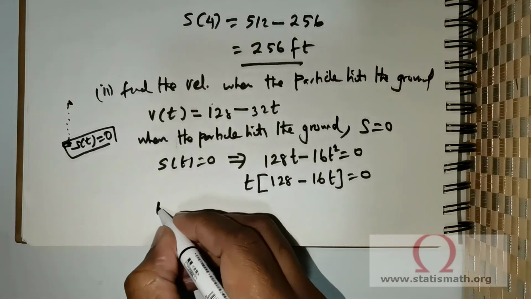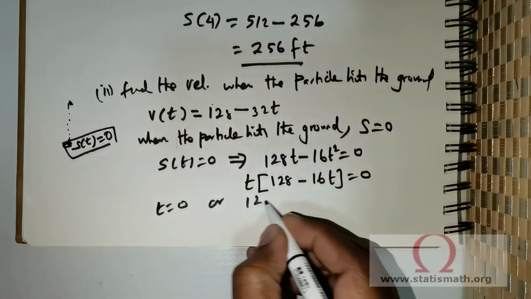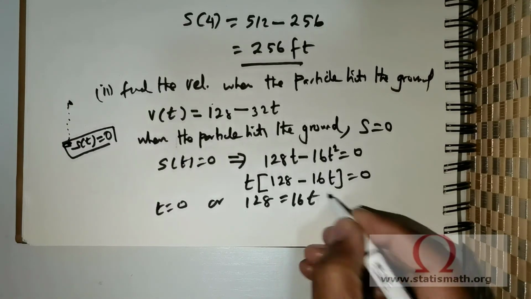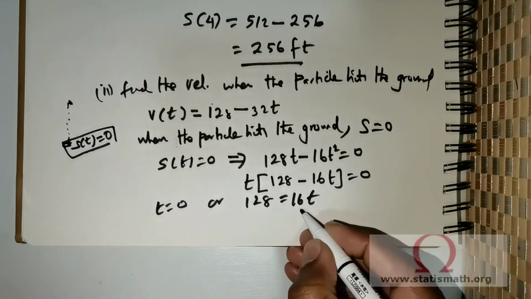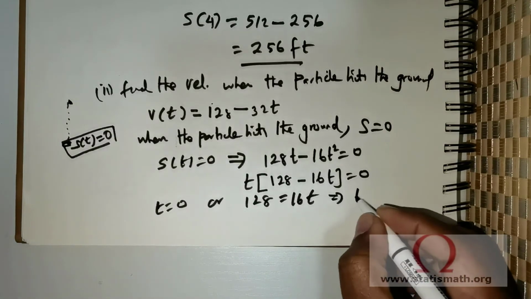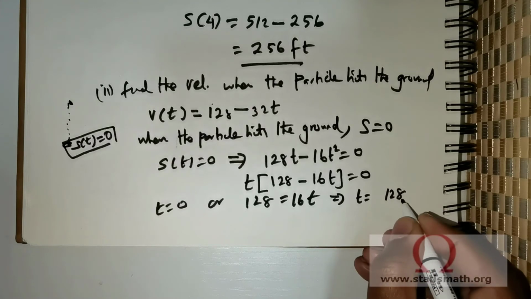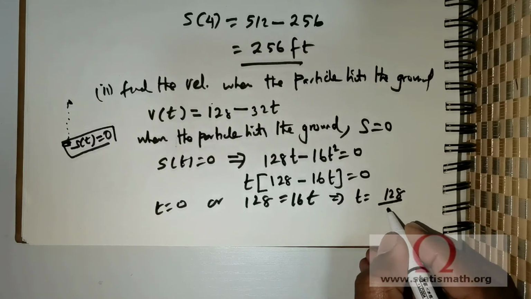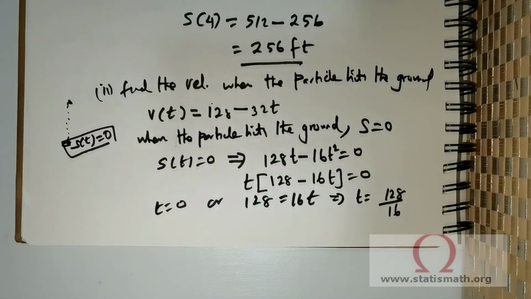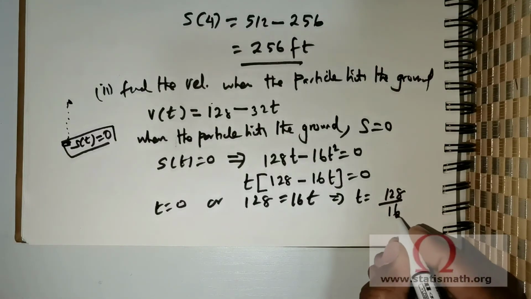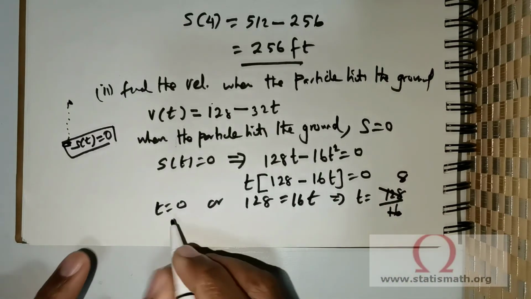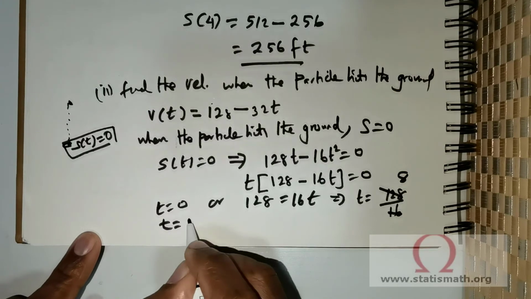Now from here t is equal to 0 or 128 is equal to 16t. Now 16 divides 128 8 times, so t is equal to 0 or t is equal to 8.